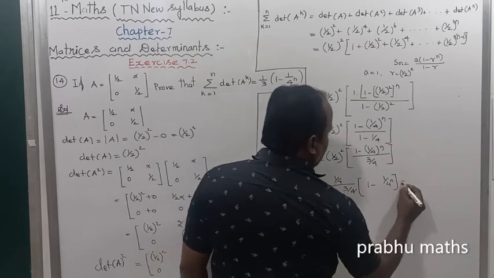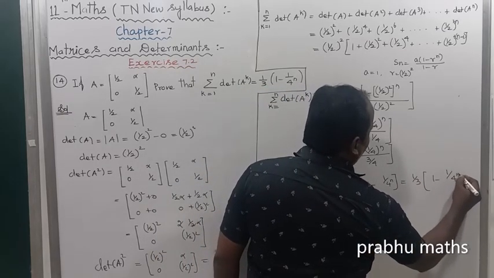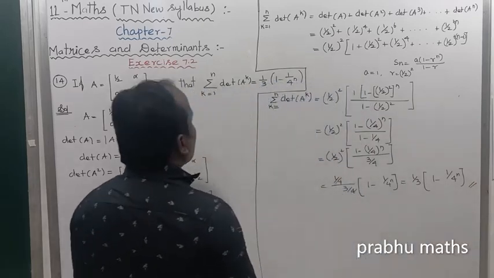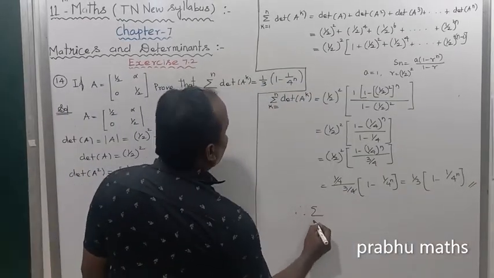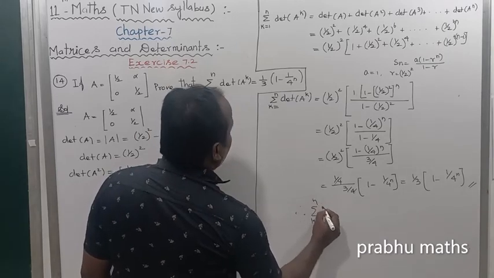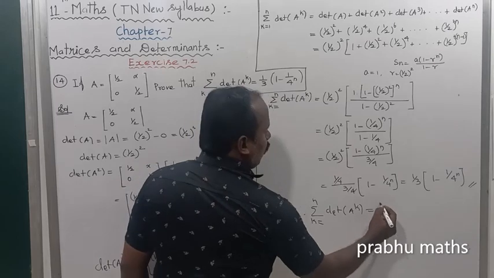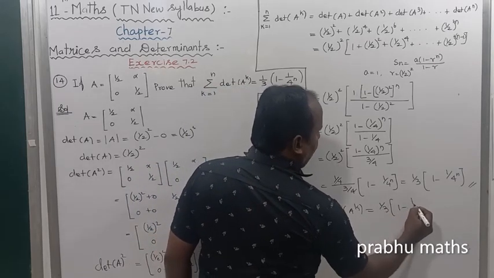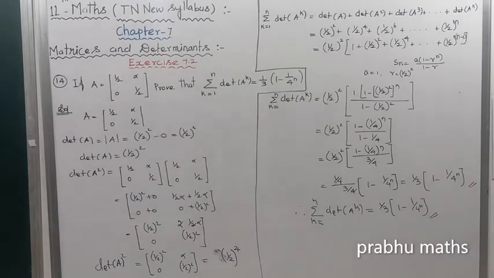The 4 cancels, so it equals 1 by 3 into 1 minus 1 by 4 power n. We get the solution. Therefore, the summation k varies from 1 to n of det of A power k is equal to 1 by 3 into 1 minus 1 by 4 power n. We get the solution. Okay.